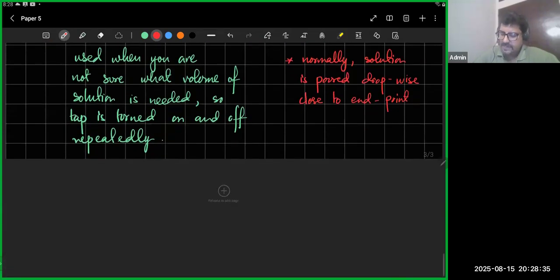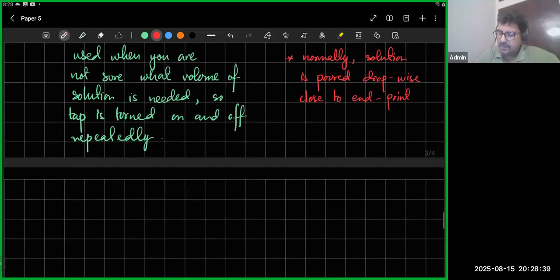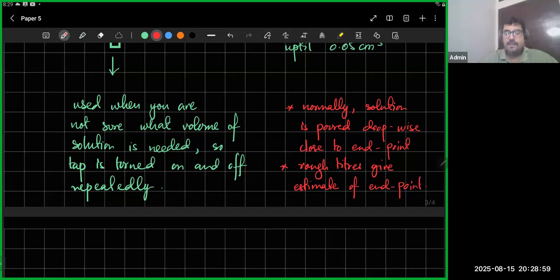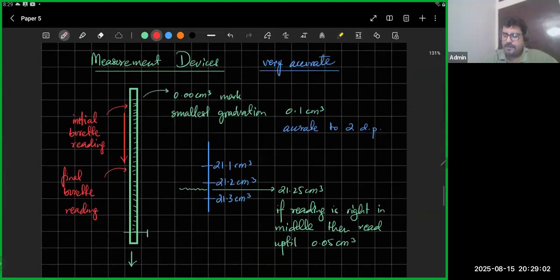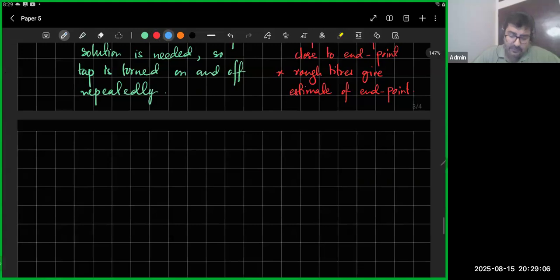Okay, see, the rough titrations are done to get an idea of the endpoint. They give you an estimate of the endpoint that is going to be reached. So that is how the burette works, and you might be asked to draw a table for that, which happened in practicals.